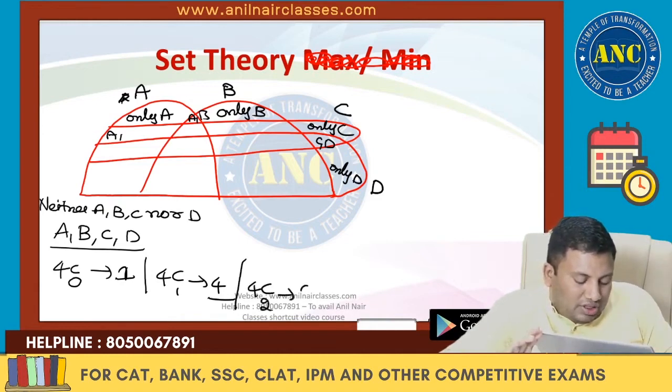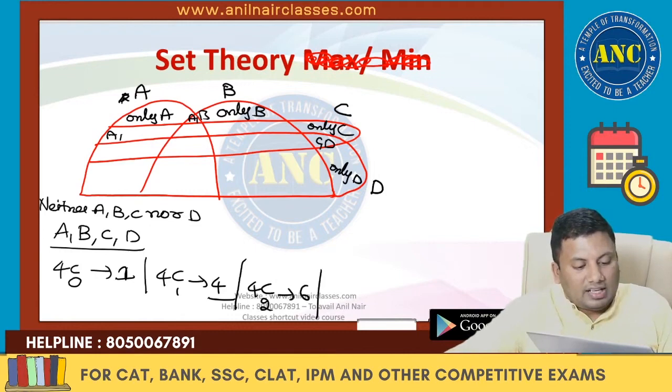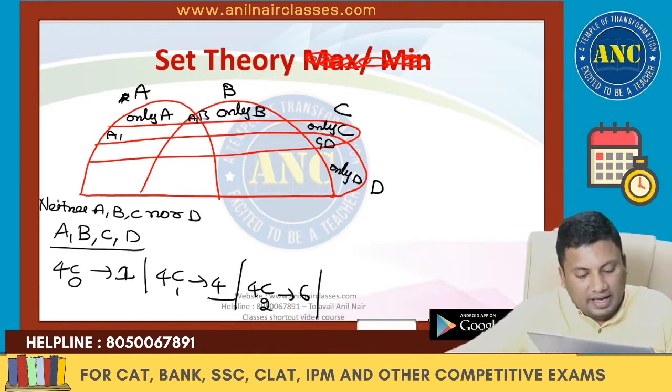4C2, which is nothing but 6. Right, there are 6 regions which has exactly 2 sets.